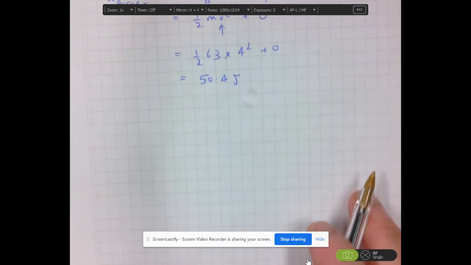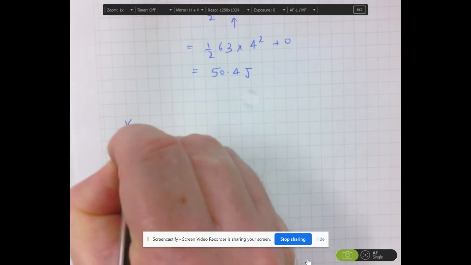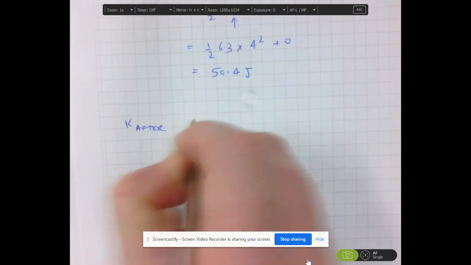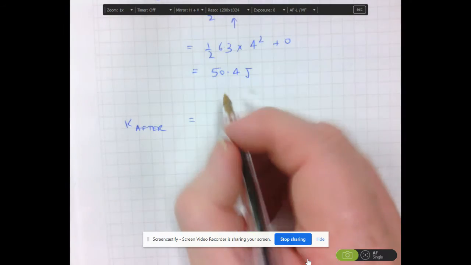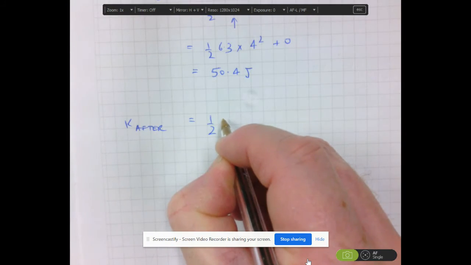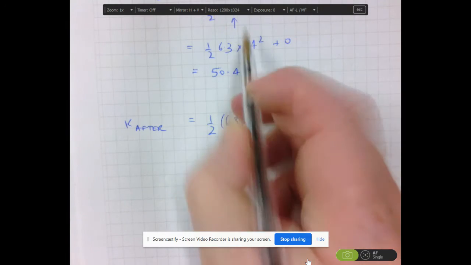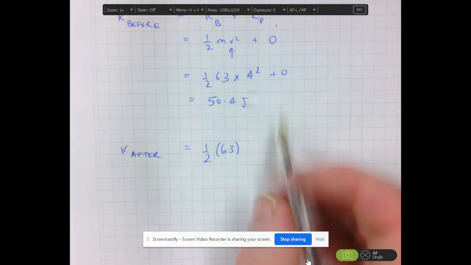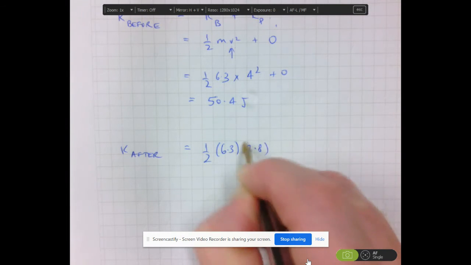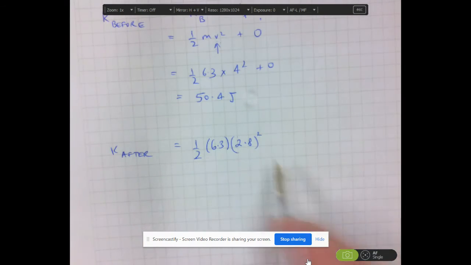Okay, so there's the kinetic energy before. Let's work out the kinetic energy after. And we now know that the ball is a half times 6.3. Now the velocity of the ball after is reduced down to 2.8. So it's 2.8 squared, okay, because that's given to us in the question.